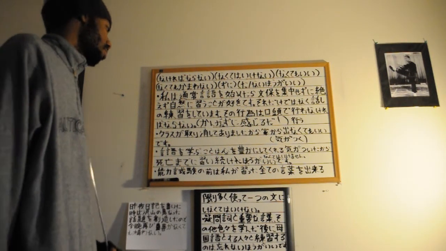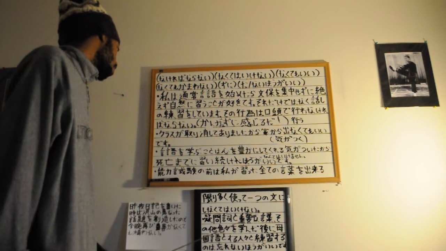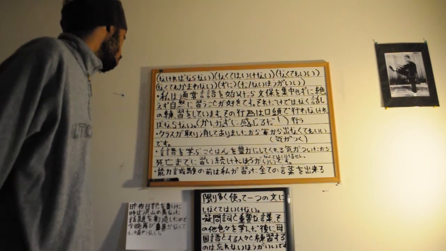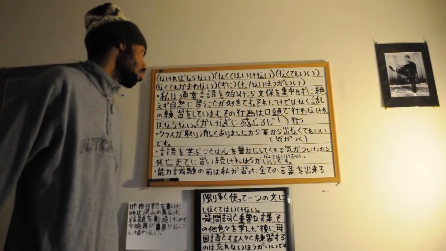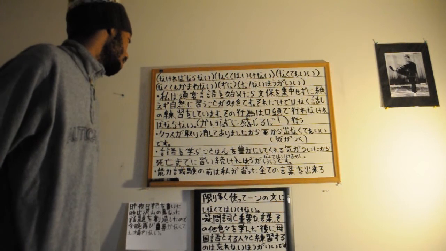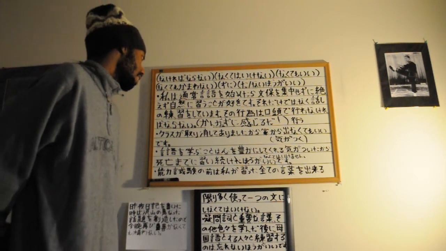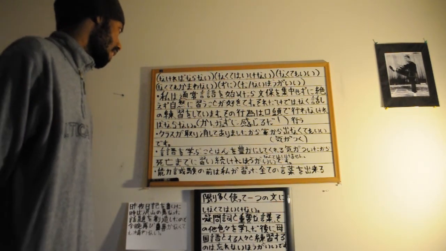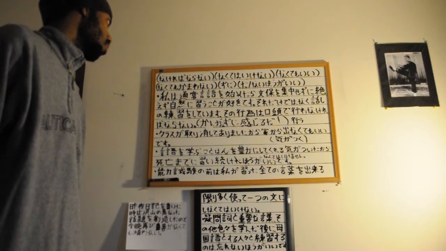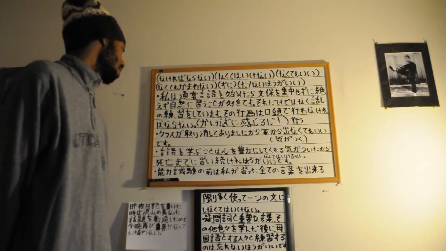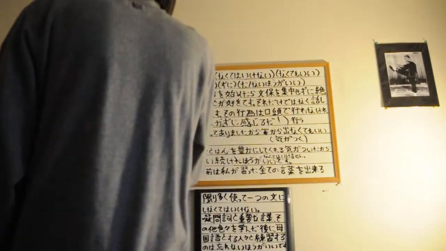So 言語を学ぶことは心を豊かにしてくれる気がついたから死亡までに習い続けなくてはいけません. So I realized that studying languages has brought enrichment to my heart, so I have to continue learning up until I die. All right, makes sense, moving on.